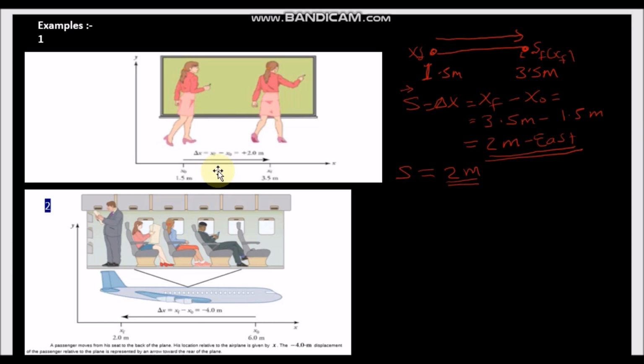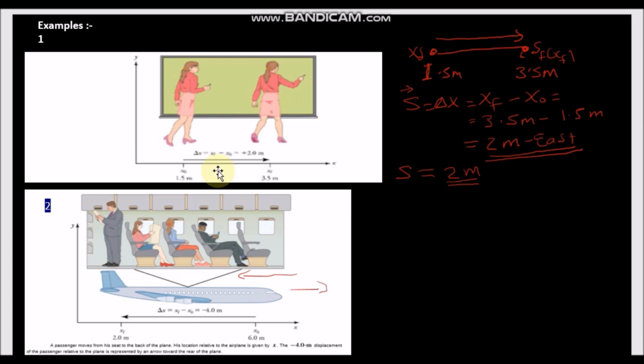Okay. The second example, inside the airplane, this man moves from this position to this position, but the plane moves towards the east direction according to when we put vectors on the xy plane, but the man moves towards the west direction.